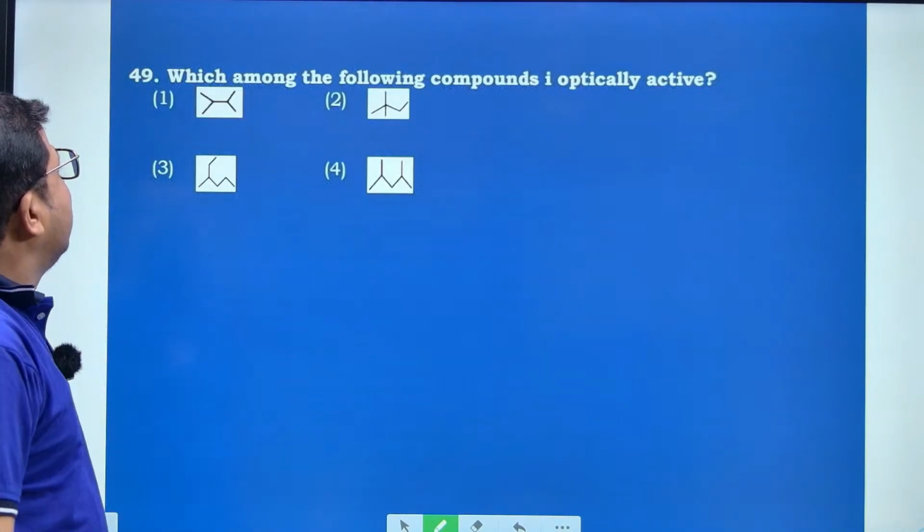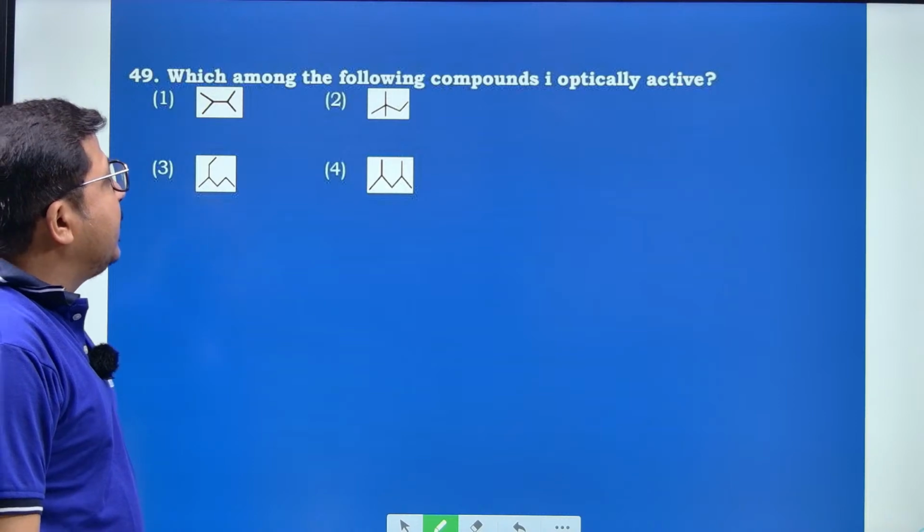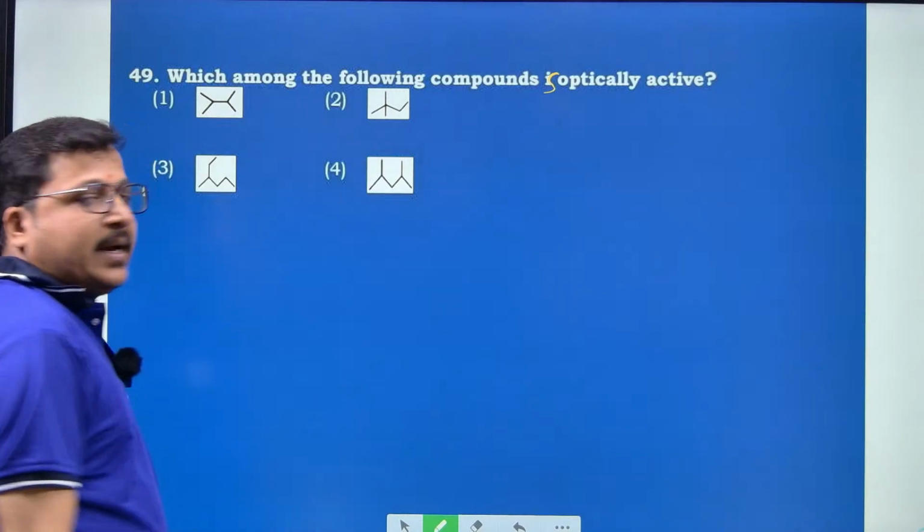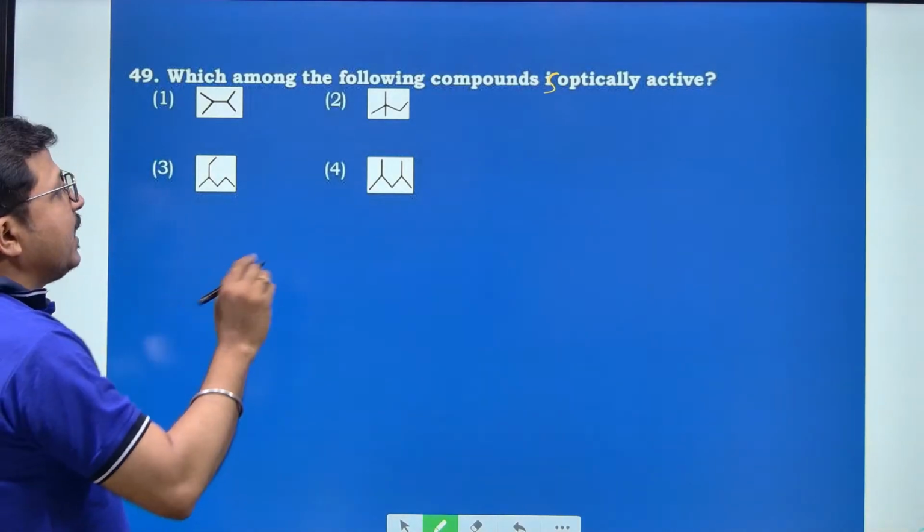And next, which among the following compounds is optically active? There is a condition for optical activity.